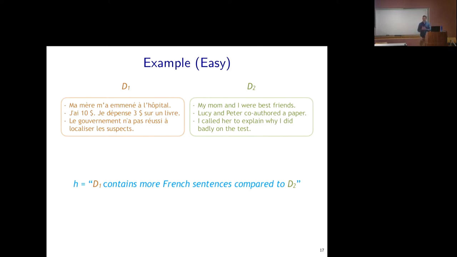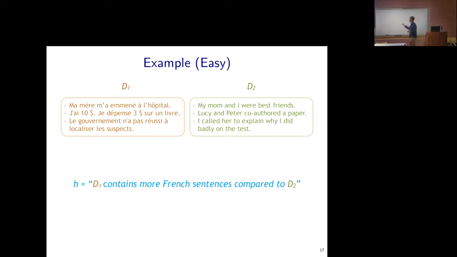This one's pretty easy. Once we understand the task, we can all get it quickly. I had a hard one, but that one took people too long to figure out, so I skipped it.